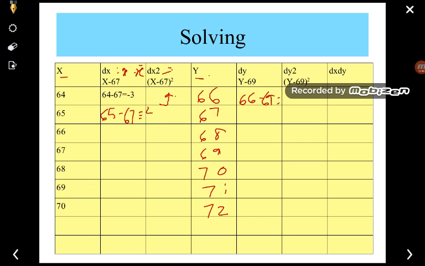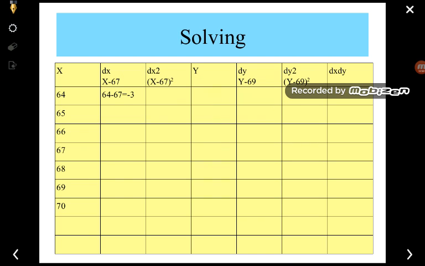How much will you get? You will get minus 3. Similarly, the next variable, 67 minus 69, is equal to minus 2. Here you will get minus 3, here minus 1, 0, and so on.